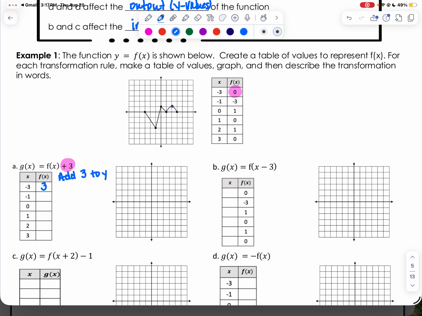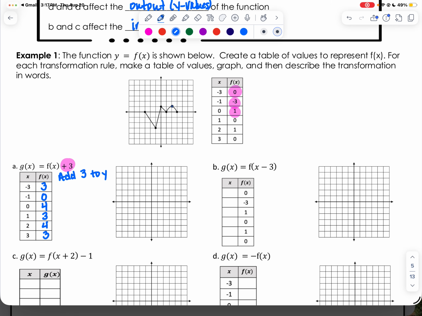So 0 plus 3 is 3. Then take your next y value, which is negative 3, and add 3 to that, which would give you 0. Then you take your next y value, which is 1, and add 3 to that, and get 4, and do that with the last 3 numbers. So 0 plus 3 is 3, 1 plus 3 is 4, 0 plus 3 is 3.